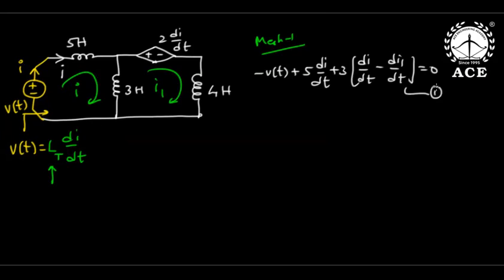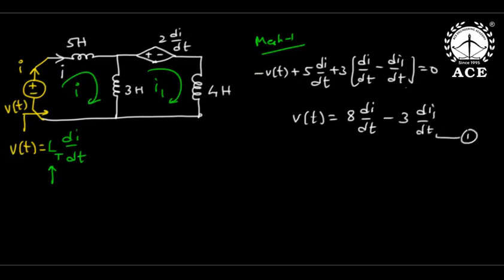Simplifying further, here the first mesh current is I, the second mesh current is I1. So V of t is equal to 8 di by dt minus 3 di1 by dt. This is the first equation.